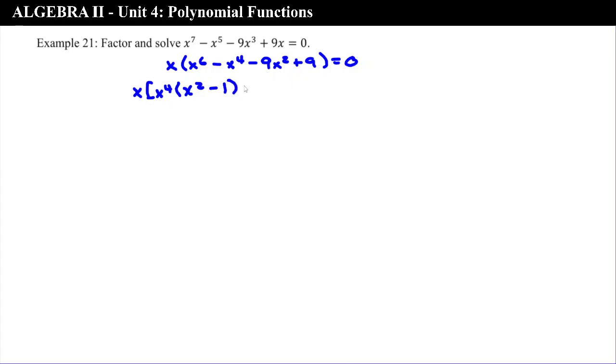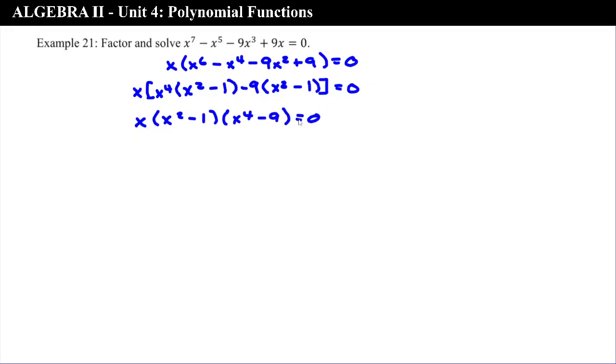And these 2 terms, we're going to factor out a minus 9. And that's going to give us an x squared minus 1 again. All right, to finish off the factoring by grouping, we've got x squared minus 1 times x to the 4th minus 9.